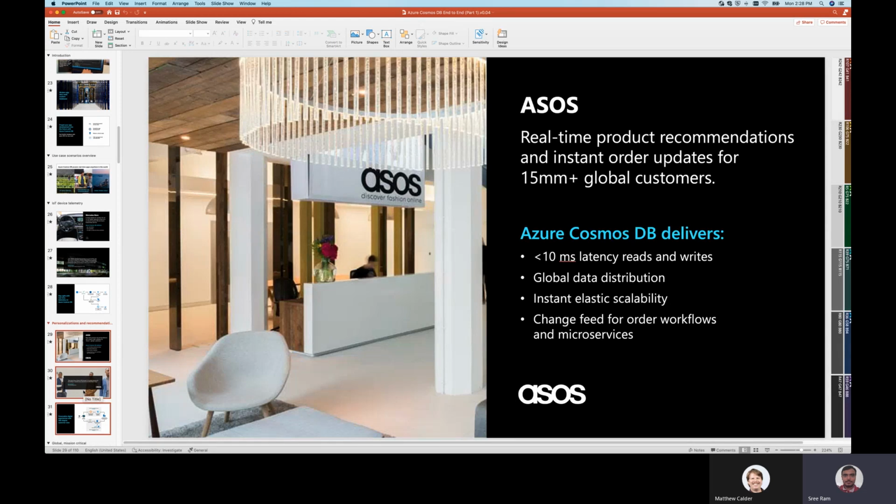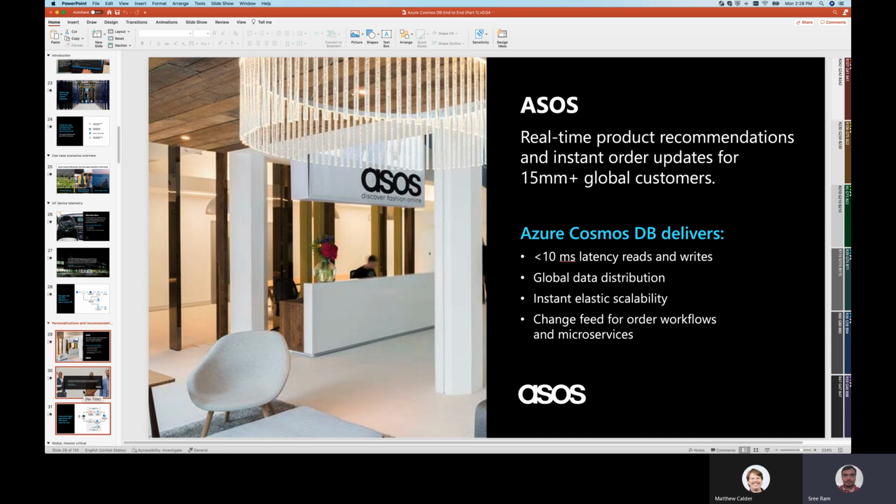Now let's see the use case of ASOS. ASOS is a fashion company, right? So they let people discover fashion online. That's their logo, and they need to perform real-time product recommendations for 15 million plus global customers.